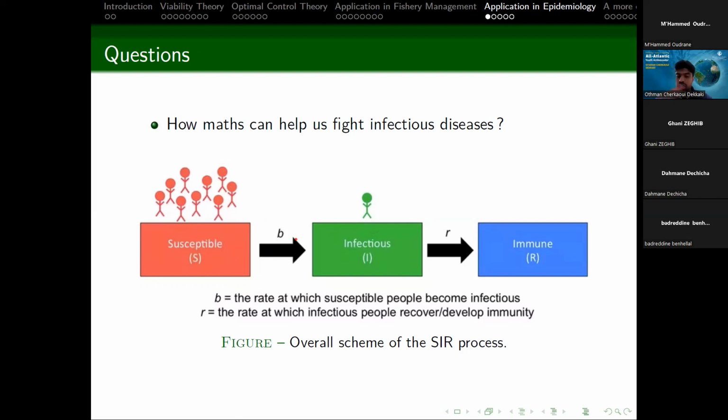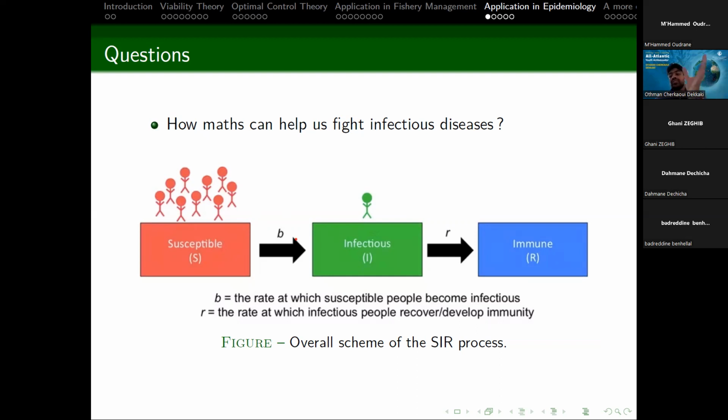And how it works in a simple way. I'm going to show you a simple way how it works. It's called the SIR model. SIR stands for susceptible, infectious, and R meaning recovered, or someone who has gone from being susceptible or infectious, but has survived these diseases and developed some kind of immunity.